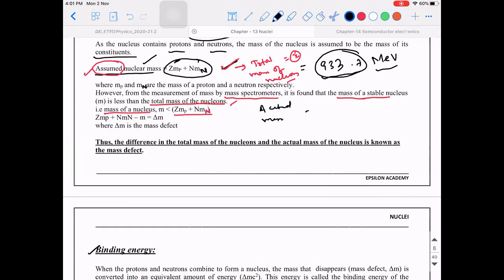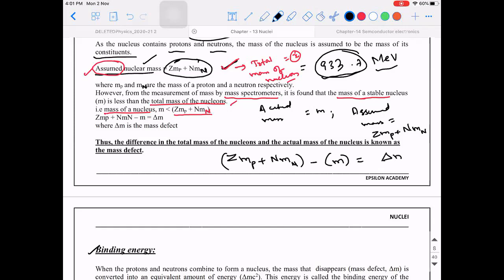If I call the actual mass as M, then what is assumed mass? Z times Mp plus N times Mn, right? Then the Z times Mp plus N times Mn, which is the assumed mass minus the actual mass, is what is called as delta M, because you're finding the difference, and this delta M is called as mass defect.